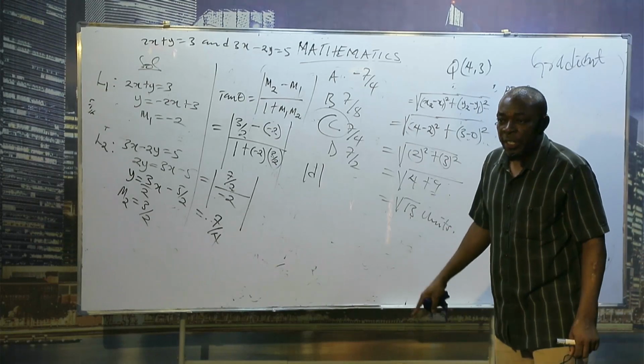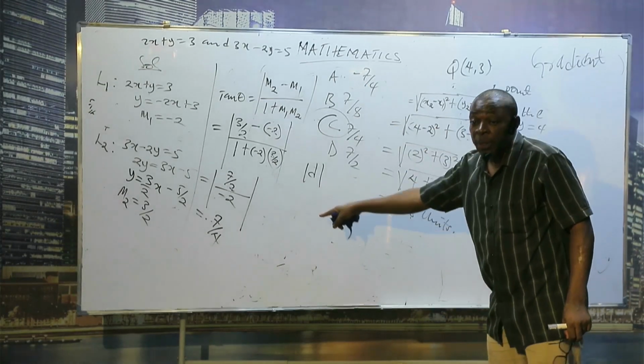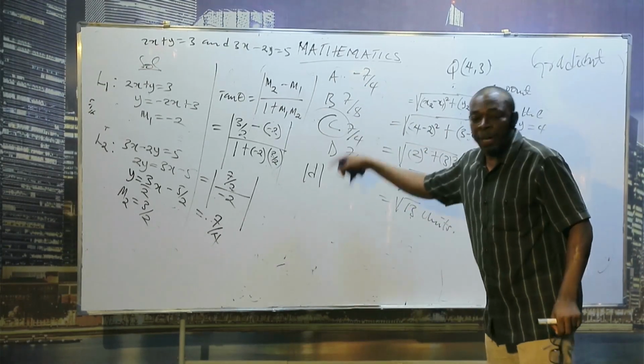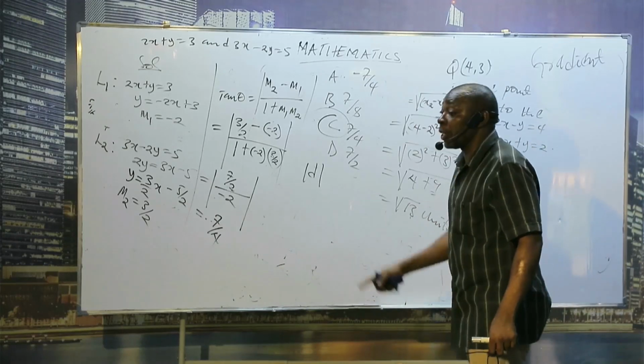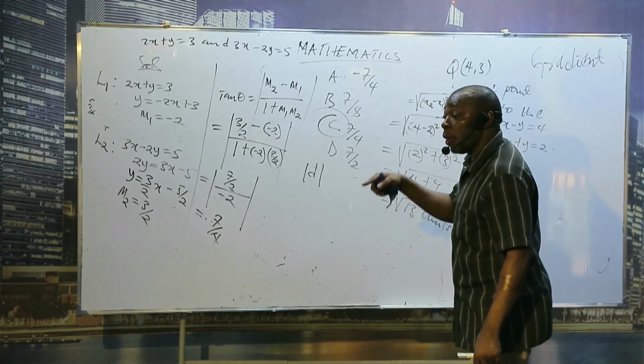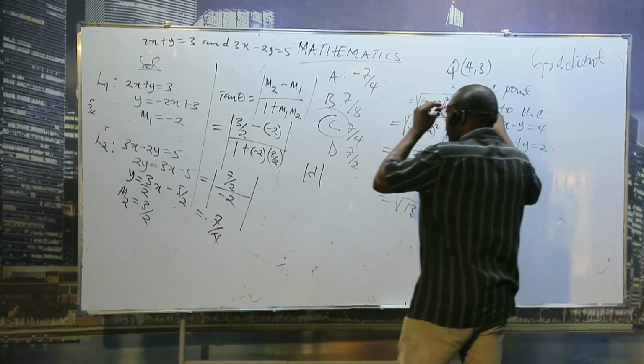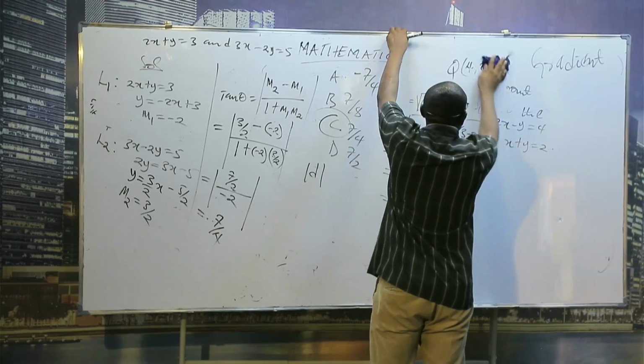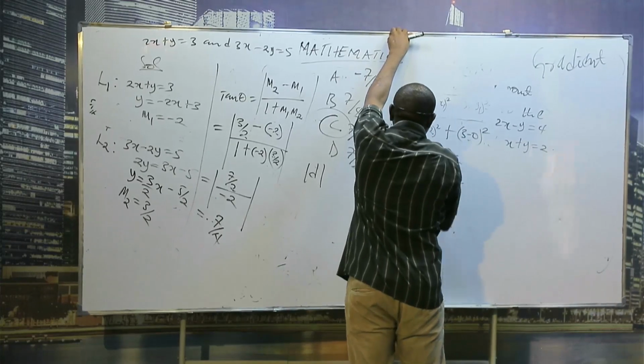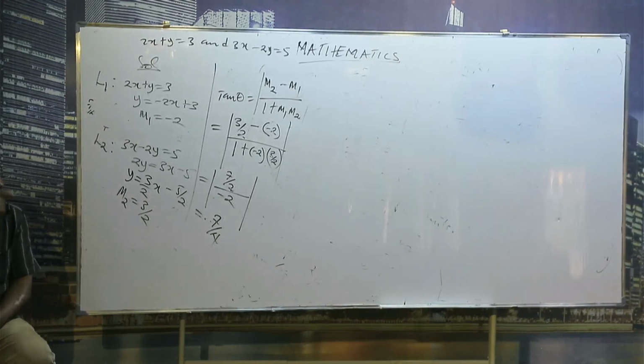The bad news is, NECO will bring this thing you are doing now in mathematics, not in further maths, but in maths. WAEC can pity you, they won't bring it. When I started, I said, see, I was so specific.